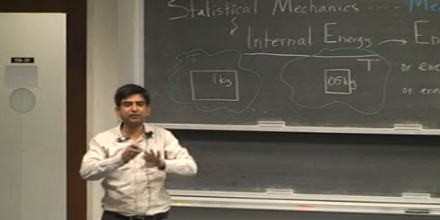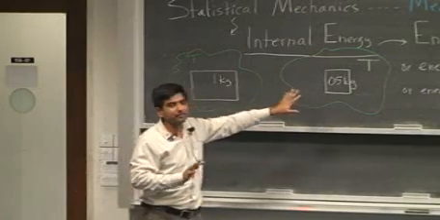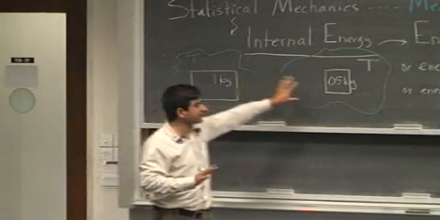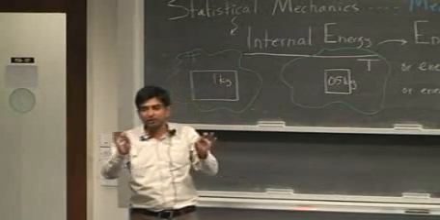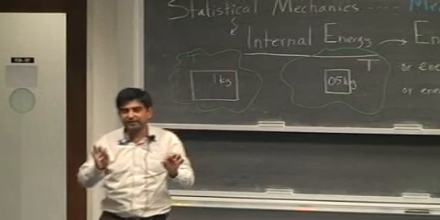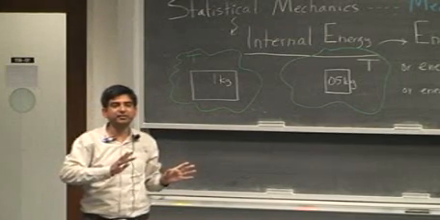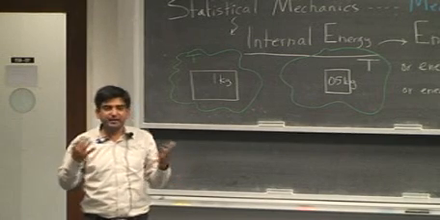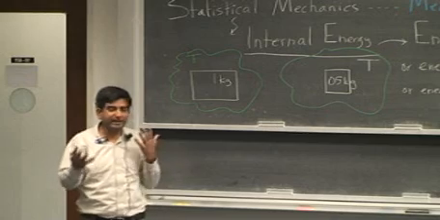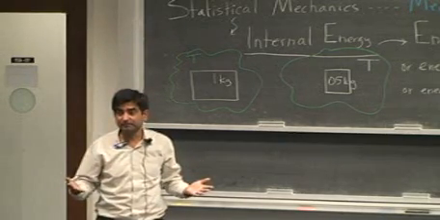So internal energy has orderly components and disorderly components, and there are no orderly components here because this object is not moving. There is no orderly motion. There is all disorderly motion of the molecules or the atoms of the copper. So all of the internal energy is thermal energy. Now the average of that measures the temperature.